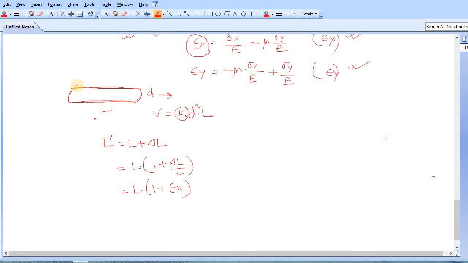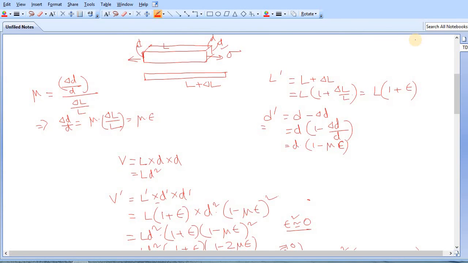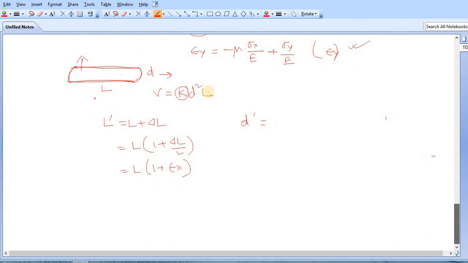Clear? And in the lateral direction, let's say the new diameter is D dash. Compared to the previous case, where stress was applied in only one direction and so the lateral dimension decreased, here we have applied stress in both directions, so it is expected that the lateral dimension will also increase.